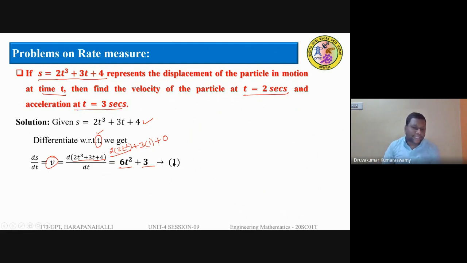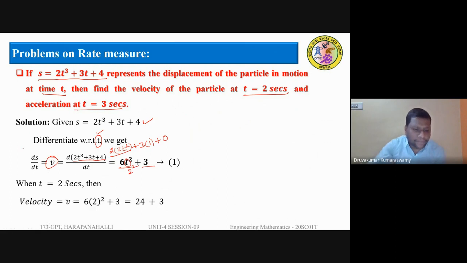We take that as equation 1. Why? Because we need this equation later to find acceleration. So when t is equal to 2 seconds, what does velocity become? In place of t, substitute 2. So we get 2 square, right? Let us write it. When t is equal to 2 seconds, velocity v is equal to 6 into 2 square plus 3.